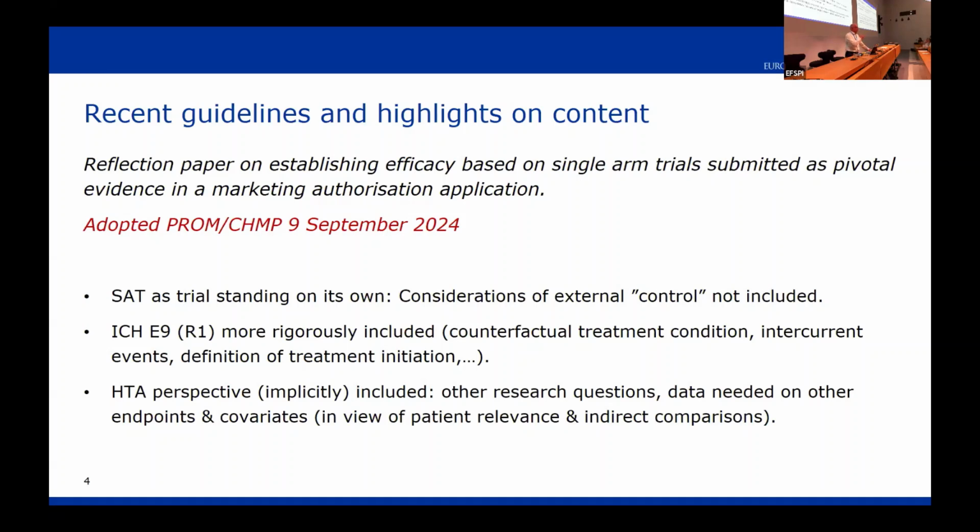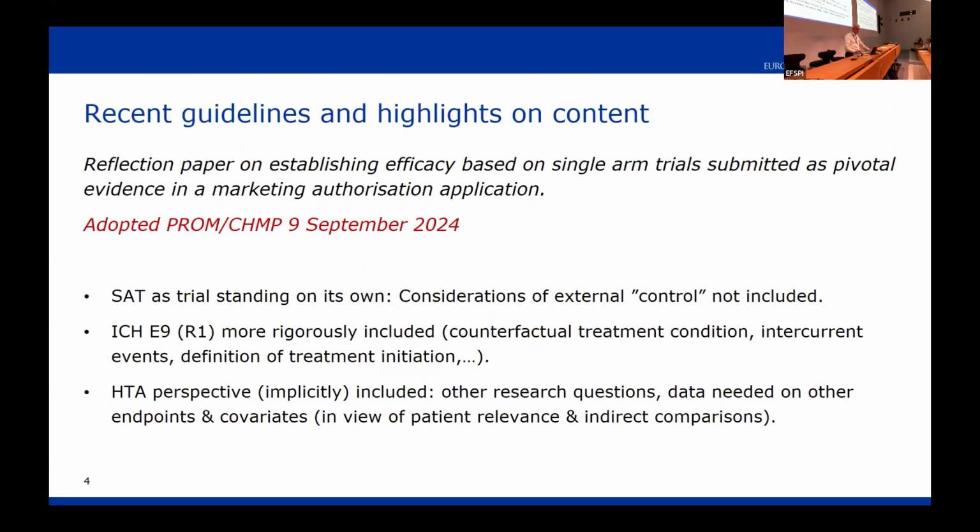We did some updates following the public consultation and also our internal thinking progress. So we did implement the estimand framework more rigorously throughout the document, which also helped articulate a couple of issues more precisely than we did in the original paper. And that's related to the single-arm trial.